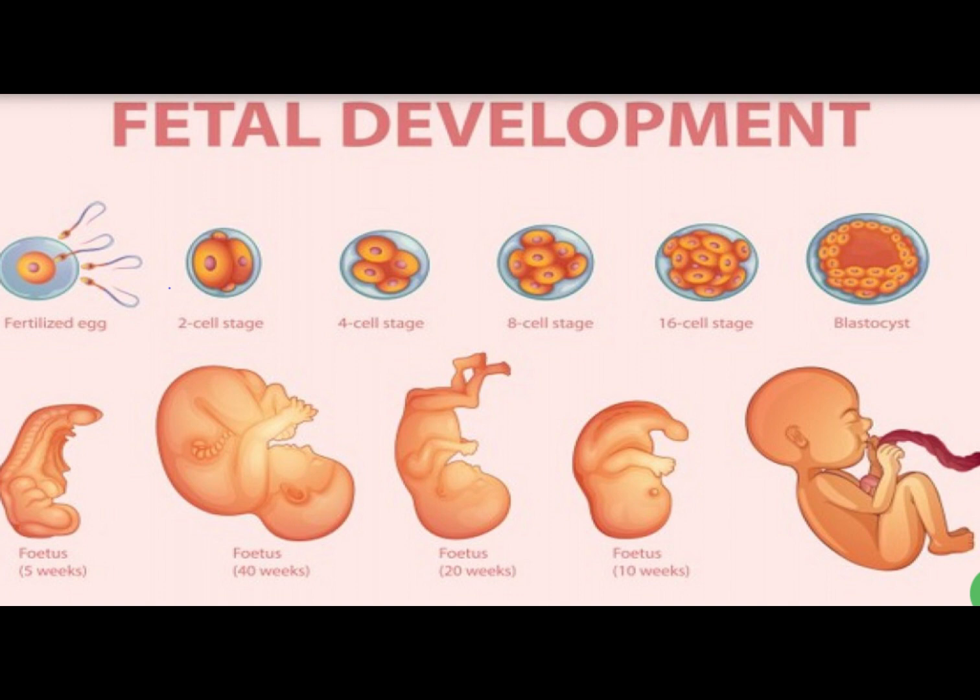The zygote begins its journey down to your uterus over the course of about 1 week. During this journey, the zygote divides many times, eventually creating two separate structures.